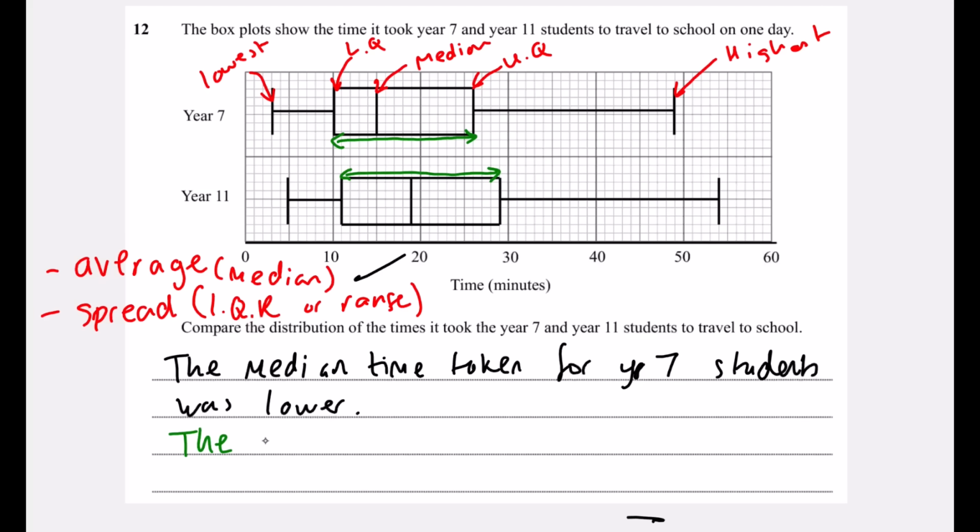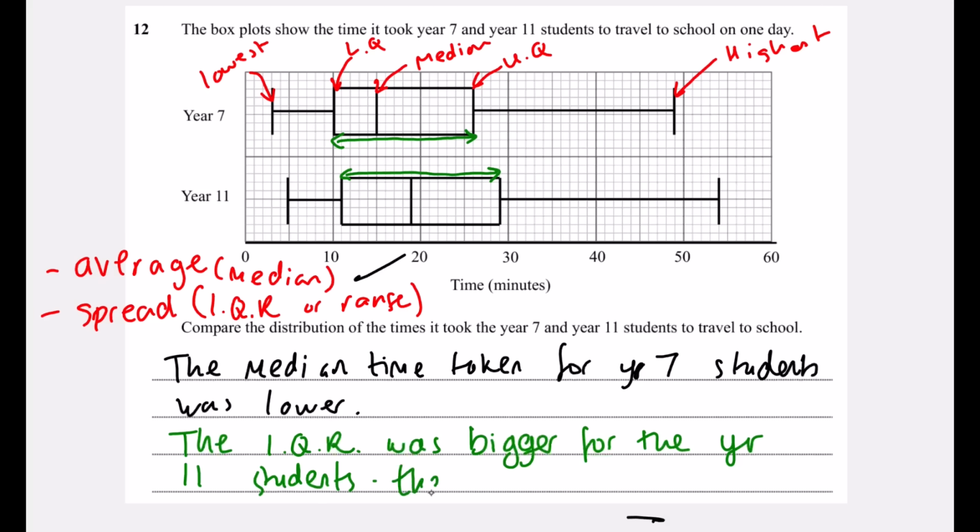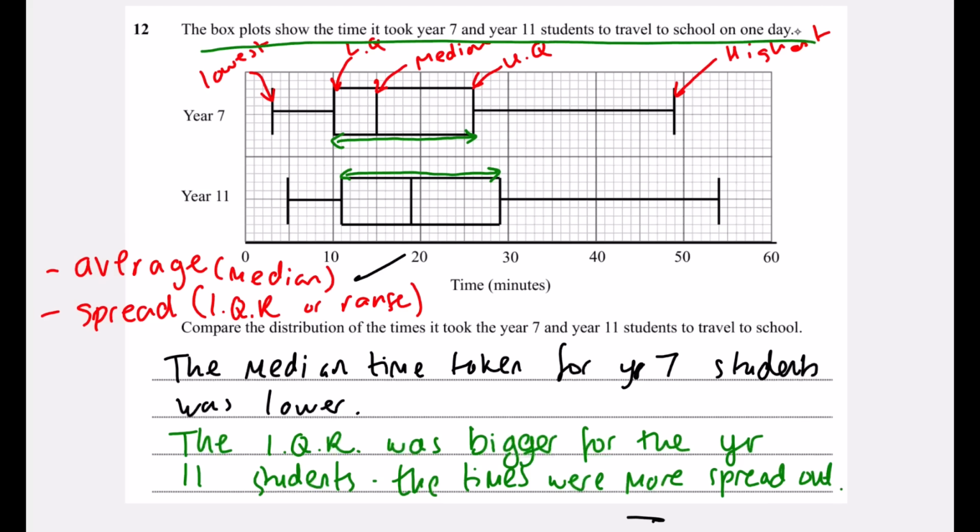So the interquartile range was bigger for the Year 11 students. That's not in context, so I'll just say the times were more spread out, just to make sure we're talking in context of the question.